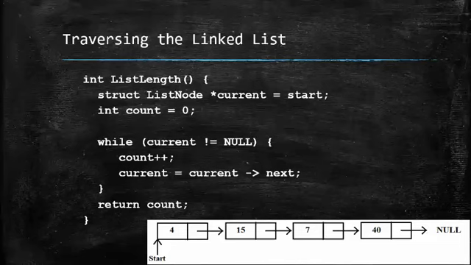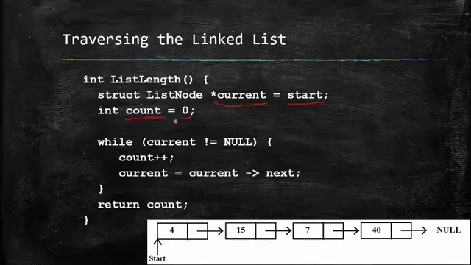So here is a function called list length, which counts the number of nodes in the list. The function given here uses a pointer called current, which is at first pointing to start, and we are maintaining a variable called count, which is currently having a value 0 at the start.